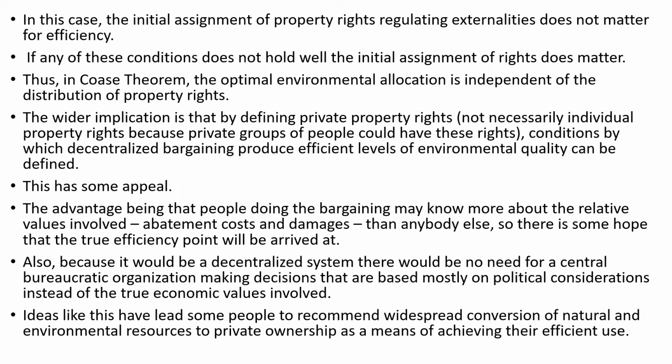Thus, we could say that in Coase theorem, the optimal environmental allocation is independent of the distribution of property rights. The wider implication of this theorem is that by defining private property rights, conditions by which decentralized bargaining produce efficient results of environmental quality can be defined.